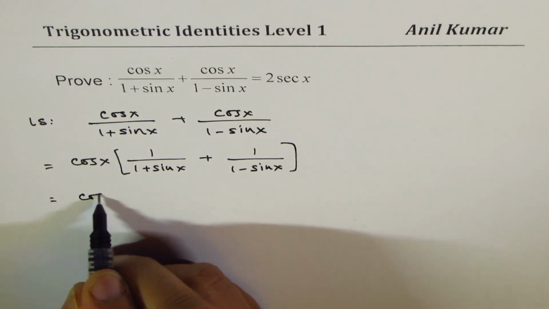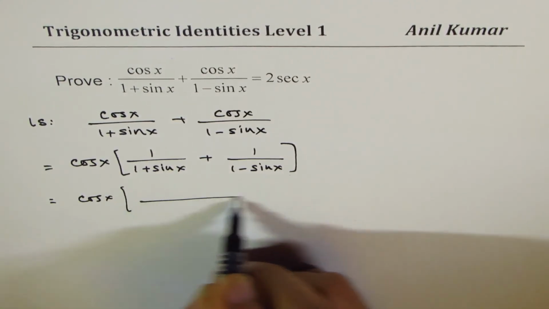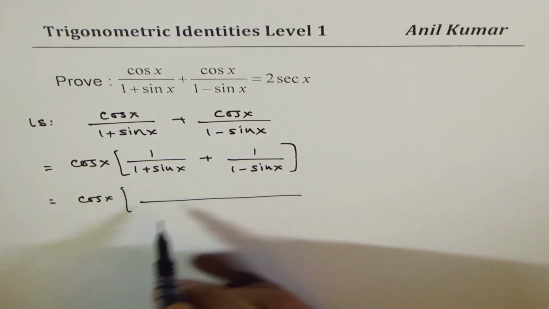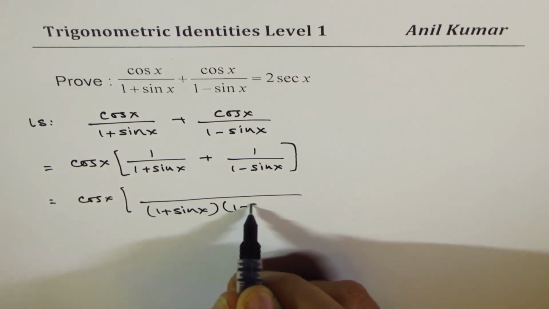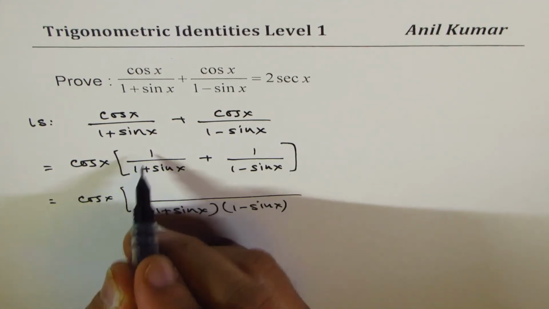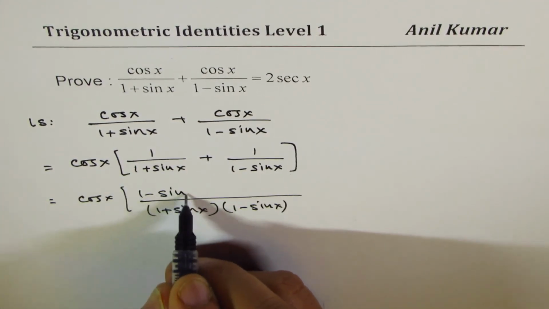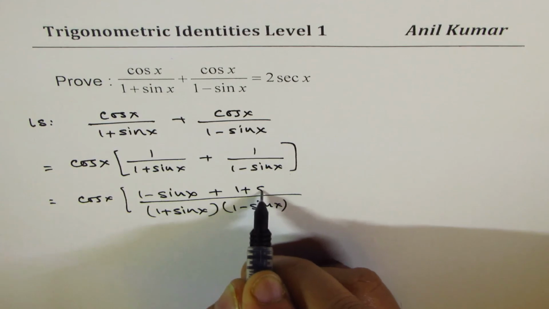Let's take the common denominator, which is the product of these two, right? So let me write this as 1 plus sin x times 1 minus sin x for the time being. Cross multiply. We get 1 minus sin x plus 1 plus sin x. Correct?